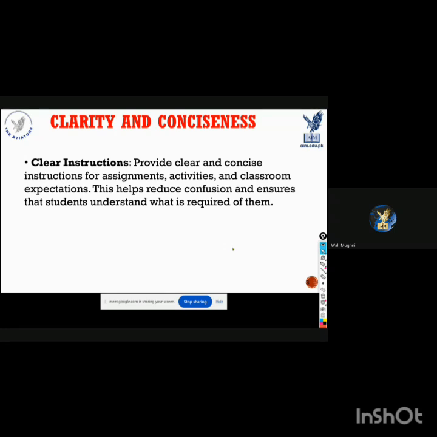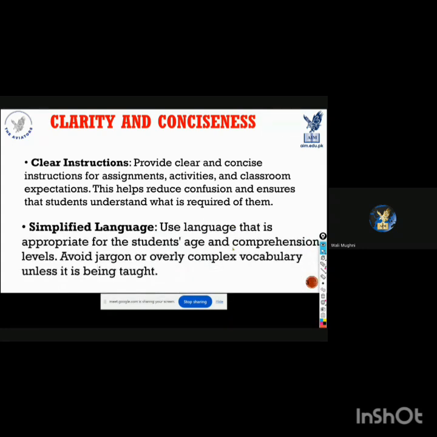Very often, some teachers, when they deliver, there is some confusion in it. So we need to rehearse, practice before we really start talking to our students. So that will make our instructions very clear. So clarity is very important. The language has to be simplified. We do not need to use jargons.